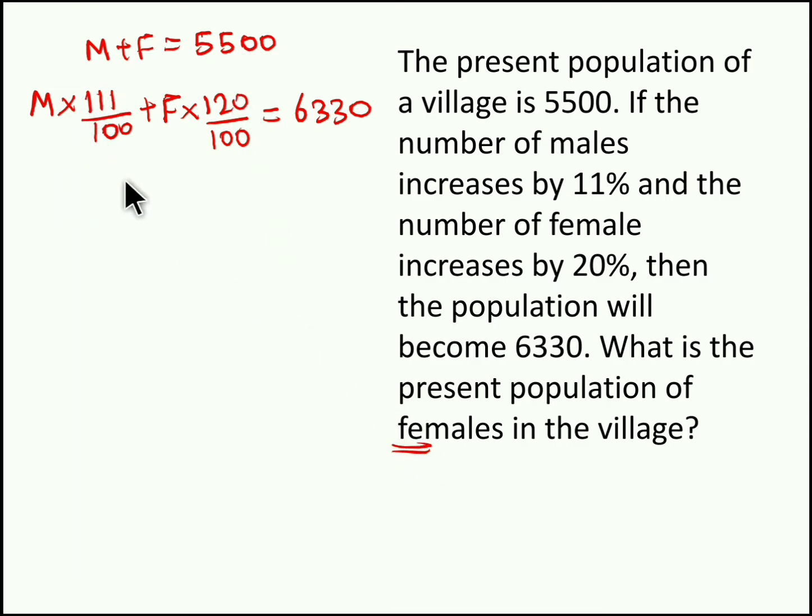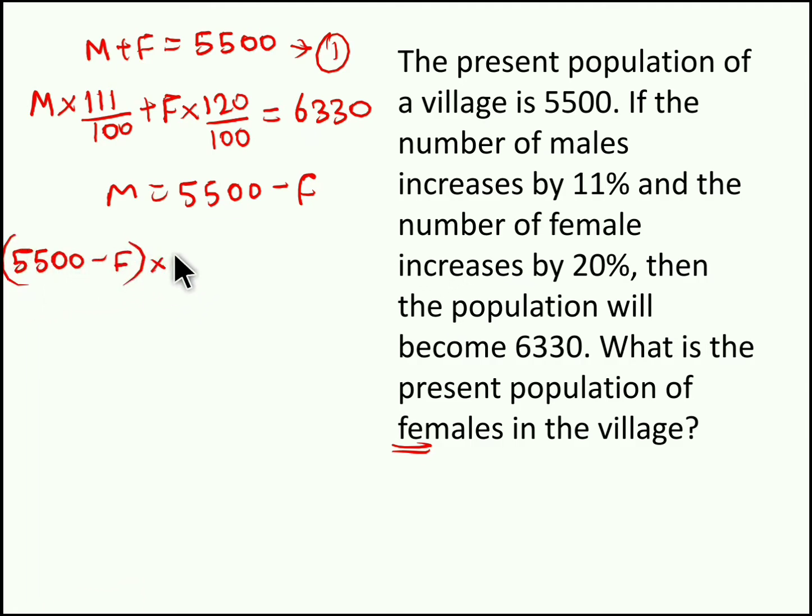From the first equation you can write m equal to 5500 minus f. Substitute this 5500 minus f in the second equation: (5500 minus f) into 111 by 100 plus f into 120 by 100 equal to 6330.